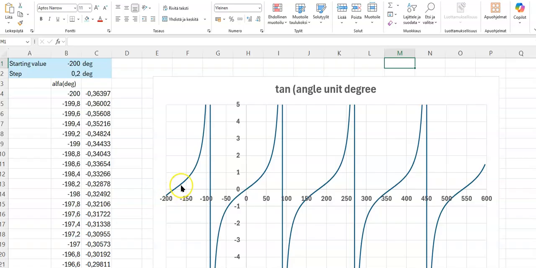So it goes upper here, and then it jumps over the vertical line and starts again from the bottom, and then again it goes higher and higher, and every time it goes through a vertical line, it drops to the bottom of the curve. So this is the figure which tells us which kind of curves the tangent gives us.